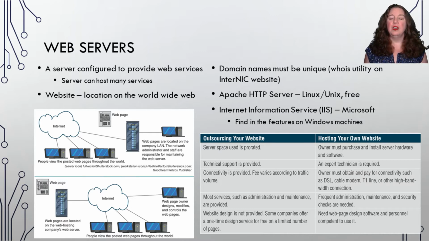The other one is Microsoft's IIS, or Internet Information Service. This is provided with every Microsoft device, including Windows 10. But the feature has to be turned on, so you can go to turn on your features and turn on IIS and run your computer as an IIS server to be serving web pages.